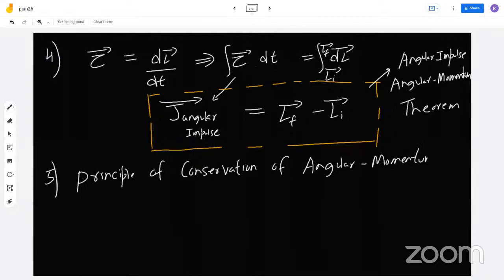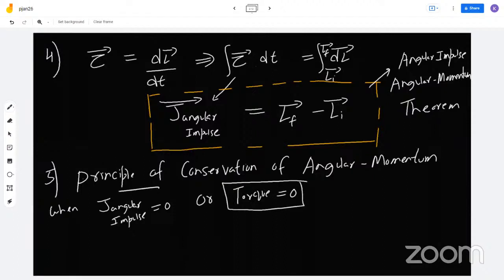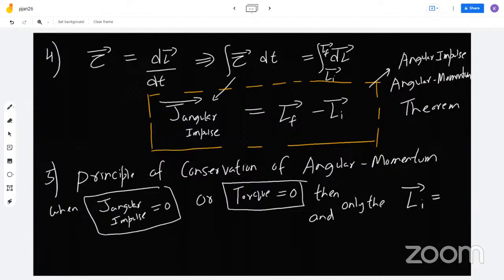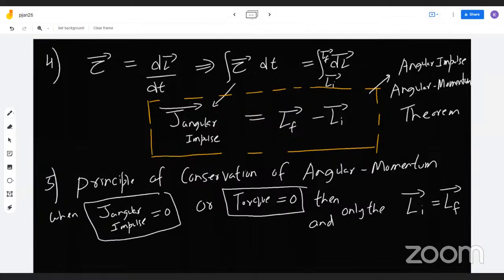So when you apply this concept, when the angular impulse is 0 or the torque is equal to 0, this we have to ensure, either this is 0 or this is 0, then and only then L initial vector is equal to L final vector. Correct guys, this one we had done.